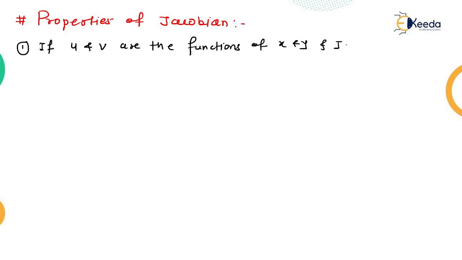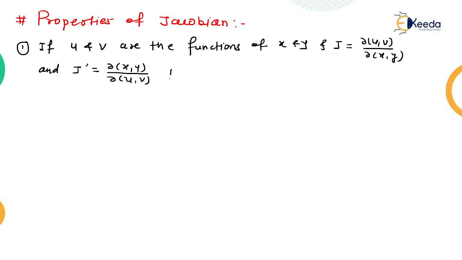And the Jacobian is defined as ∂(u,v)/∂(x,y), and if J is ∂(u,v)/∂(x,y), then J' can be written as ∂(x,y)/∂(u,v), right? So you know this very well. If J is this, J' is its reciprocal. If the Jacobian is there, J' is its reciprocal.